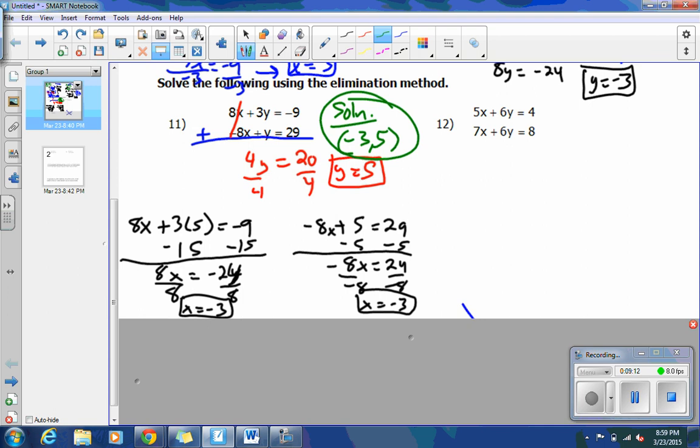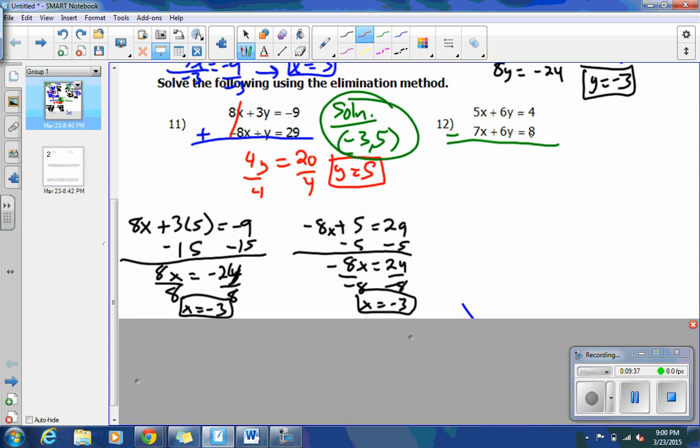Now number 12 is similar. We're still going to combine these equations, but this time, if you notice, the x's are lined up, but the coefficients are different. The y's are lined up, but the coefficients are exactly the same. They're not opposites this time. So in order to cancel them out this time, we have to subtract the equations. And remember, when we subtract the equations, we subtract everything.